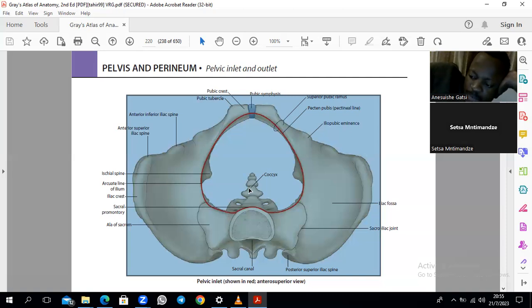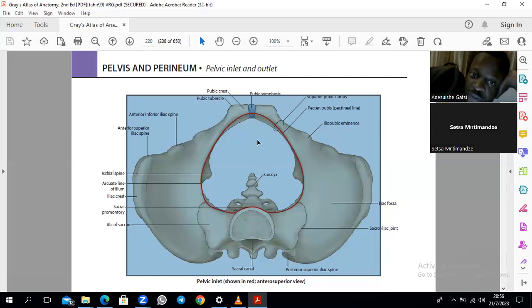Okay, it says describe the boundaries of the pelvic inlet and outlet.